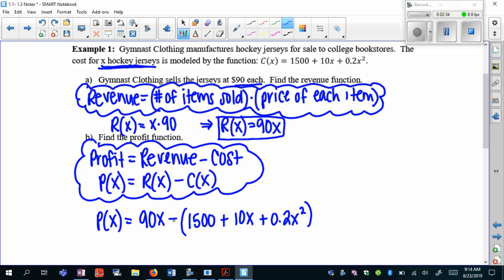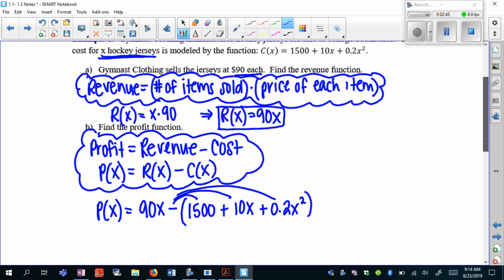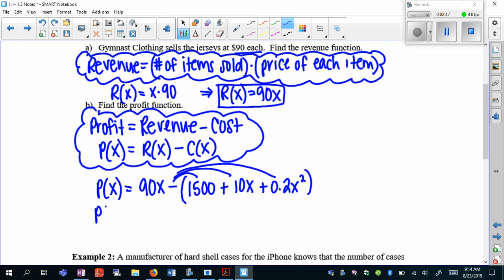If you try to do this all in one step, that's fine, but make sure you remember each of these signs gets flipped. Otherwise, the parentheses are just a visual reminder to distribute that negative. You don't have to show it, but it's very easy to mess up if you don't. So distribute the negative, and then I'm just combining like terms.